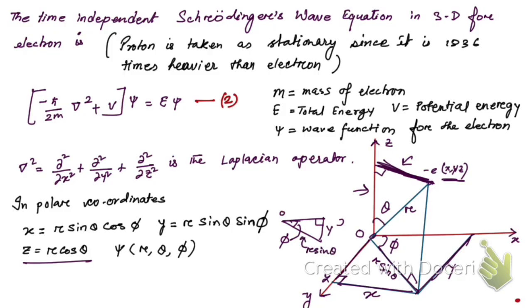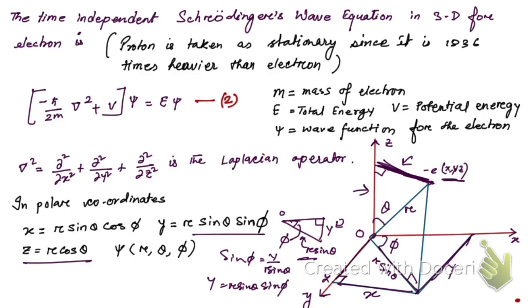This is the perpendicular and this is the hypotenuse. So sine phi is perpendicular, that is Y, by hypotenuse R sine theta. That's why the Y coordinate is equal to R sine theta sine phi.